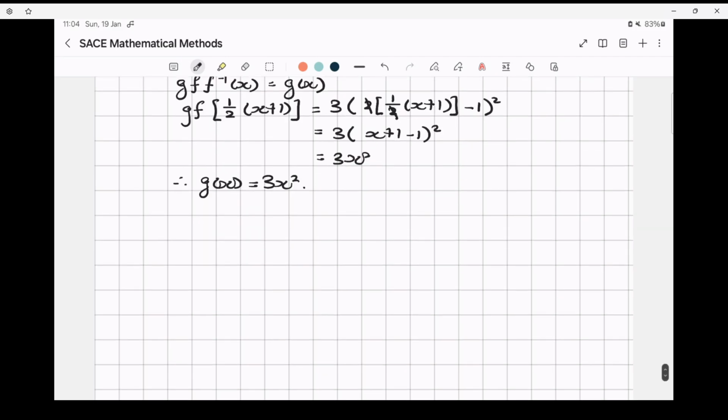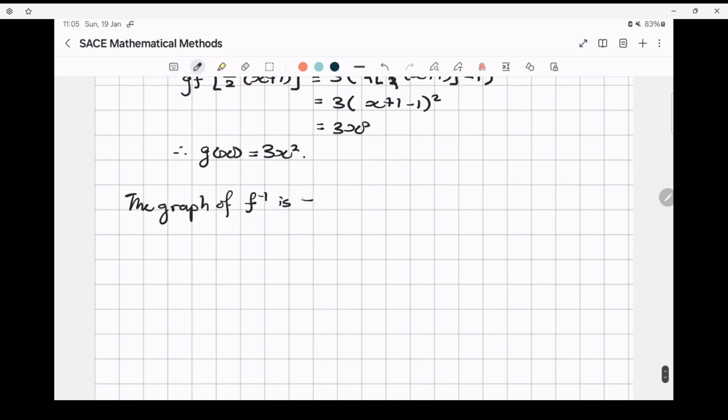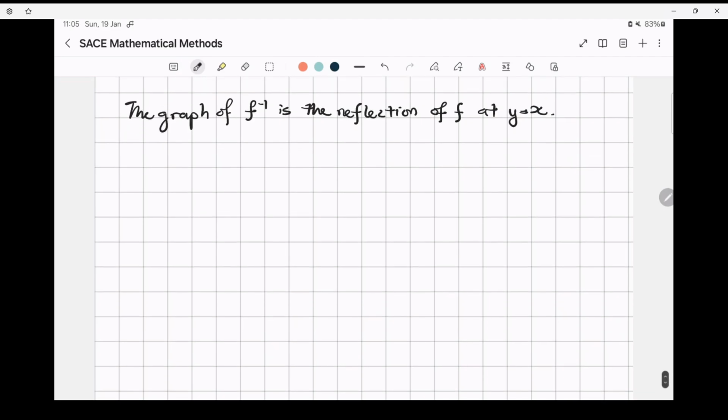So finally, what you need to take note of is that the graph of f inverse is the reflection of f at y equals x.